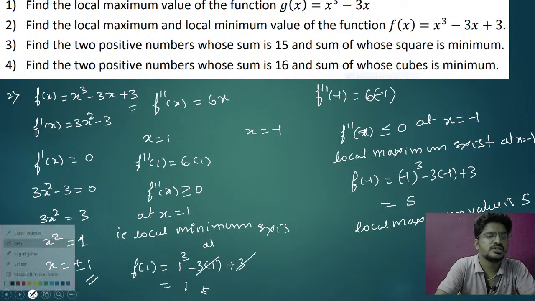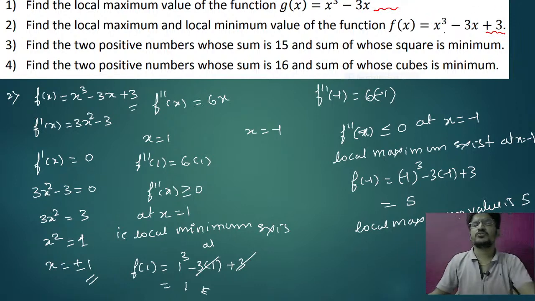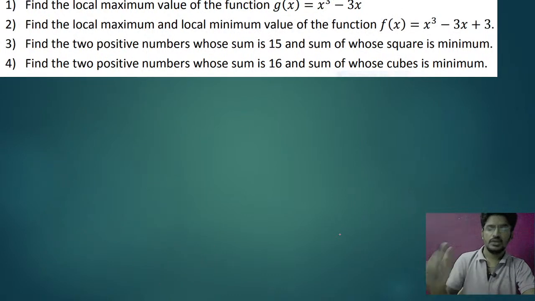In the problem, they have just given one extra term. Because of plus 3, you are going to get a different local minimum and local maximum. No problem. Very simple question. You can do it.